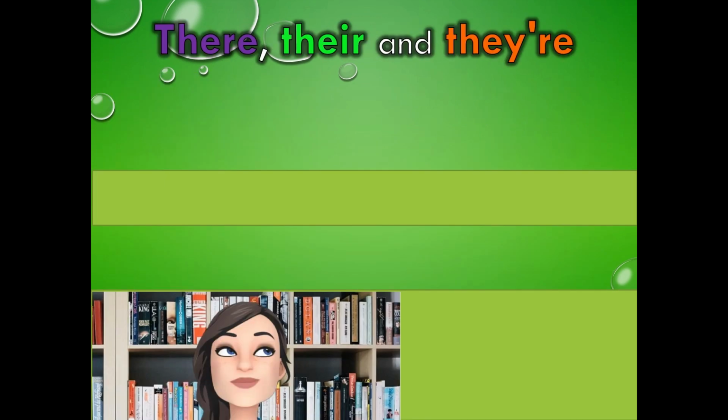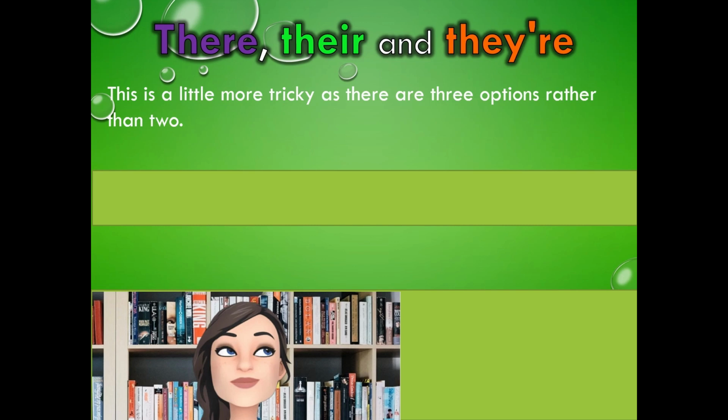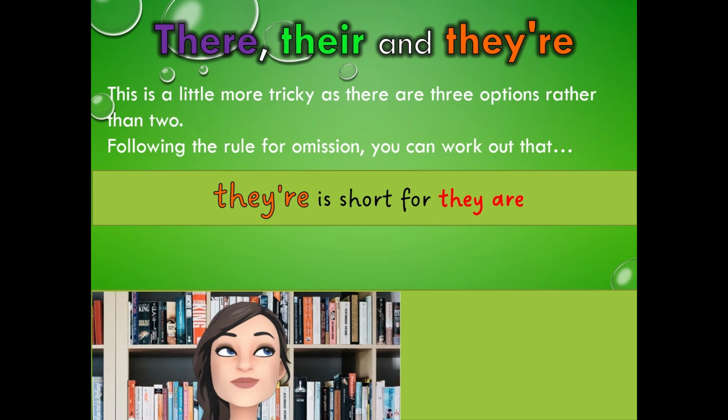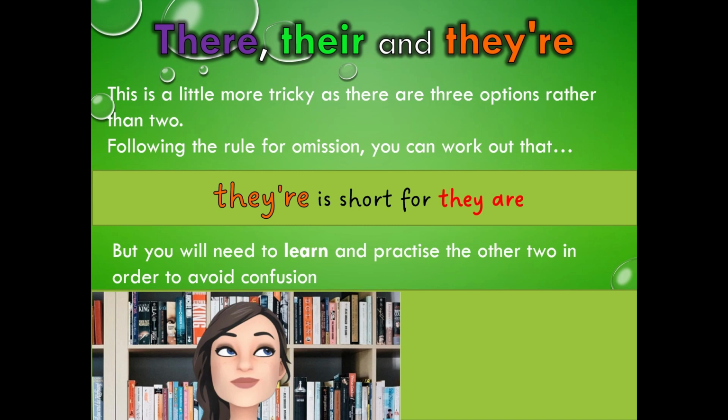They're, there, and their. This is a little more tricky, as there are 3 options rather than 2. But following the rules for omission, we can work out that they apostrophe RE is short for they are. But when would you use the other 2? You'll need to learn and practice them in order to avoid confusion.